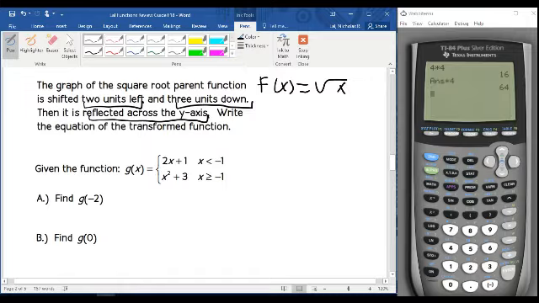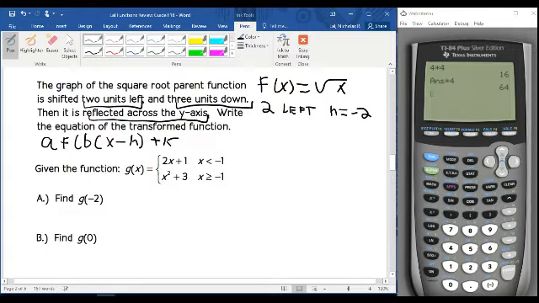So in general, when we have a transformed function, we have a times f of b times the quantity x minus h, plus k. So that means 2 units left. If we're going left 2, that means h is equal to negative 2.